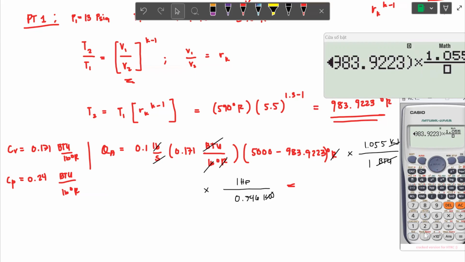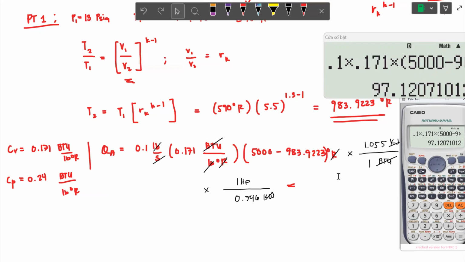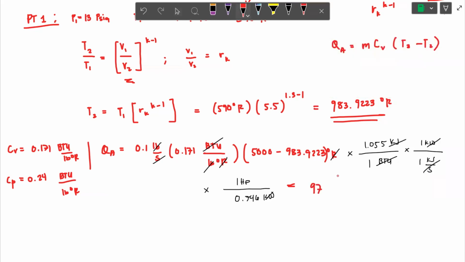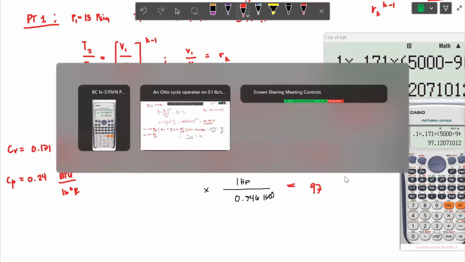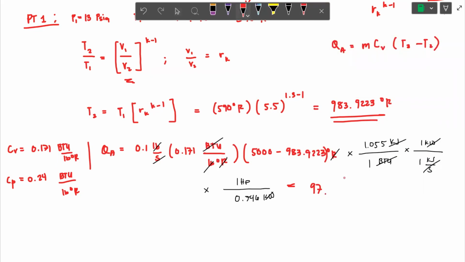And then divide it with 0.746 para maging HP. So that is QA pa lang to ha. 97.1207 HP.